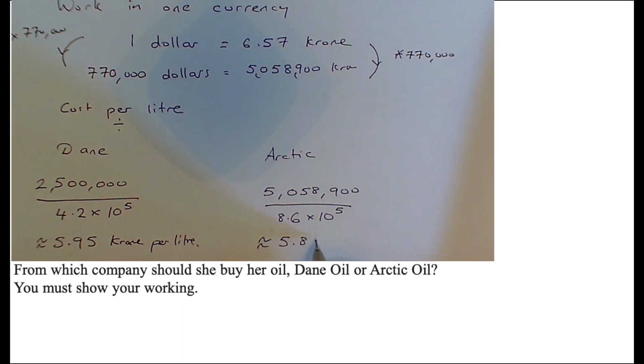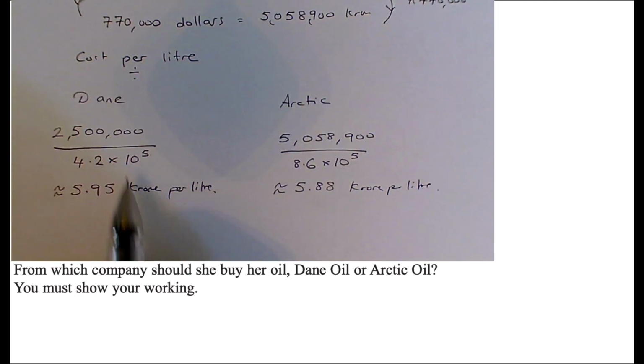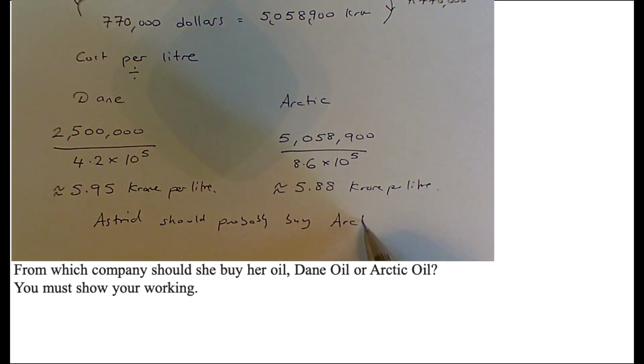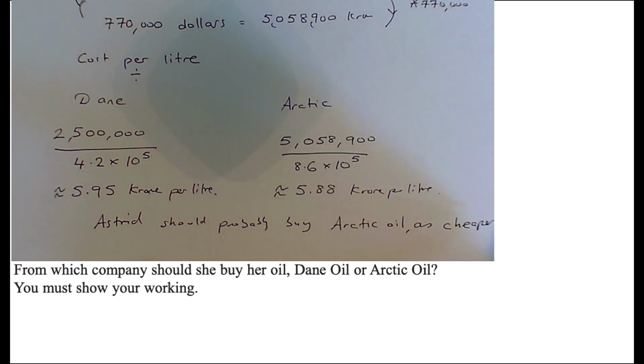It's a fair comparison, and you can see that the Arctic Oil Company is slightly cheaper per litre than the Danish one. And of course that actually matters. If you're buying millions of litres of oil, then clearly even a small difference like that would be quite significant. So Astrid should probably buy from the Arctic Oil Company if it's purely done on cost and not on environmental consequences, etc. Okay, so there you have it.